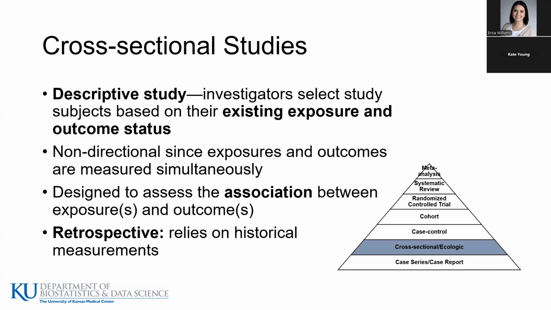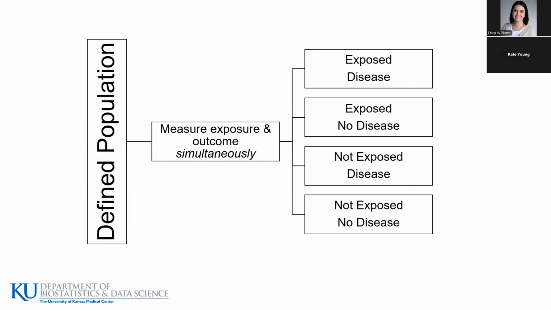And again, this is retrospective because it relies on historical measurements. So here we would have a population that we're selecting, and then we would measure both the exposure and the outcome at the same time. And then we would have groups based on those exposures and those outcomes.